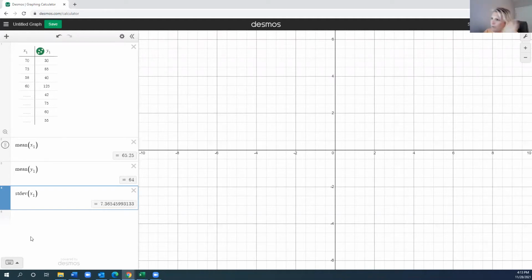Okay. And we can verify this is right, because if we do the one from the large list that we did in the solved example, we can say STDEV of Y1, and we would get the 30.7. Okay, so for number 6, our standard deviation of the list of 4 dogs is 7.37.